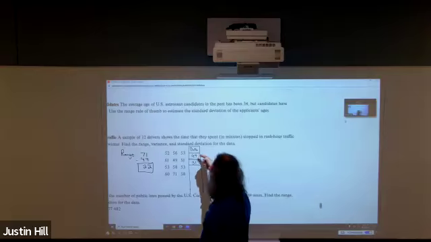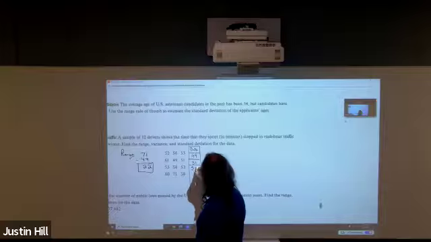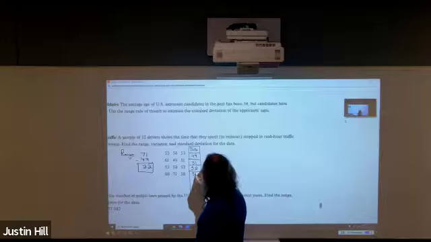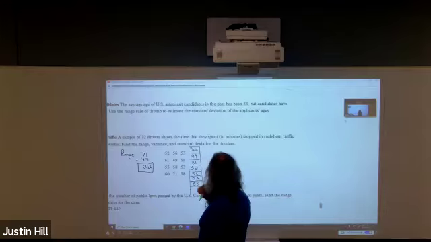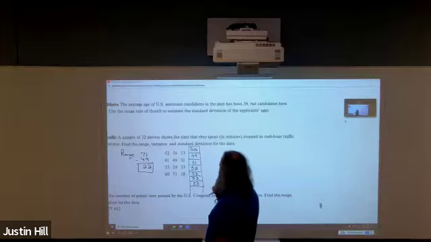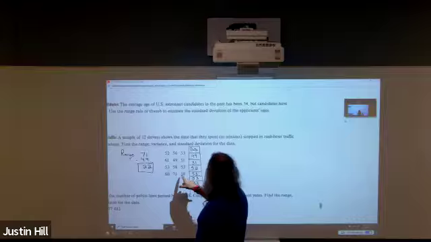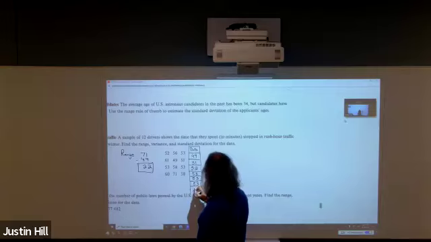Good. So I'm going least to greatest. So 49, 51. It looks like we have a 52. Looks like we have three 53s. Then what comes next? Sorry, it's like 56 is next.